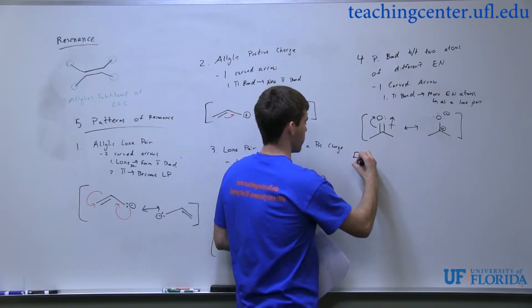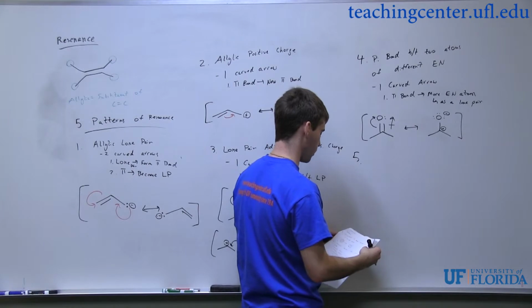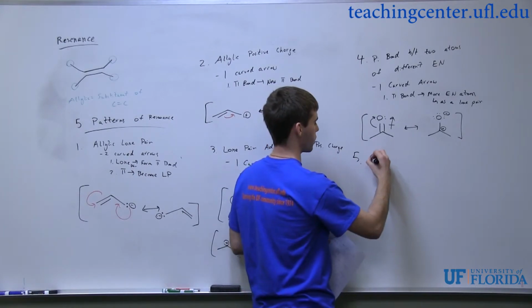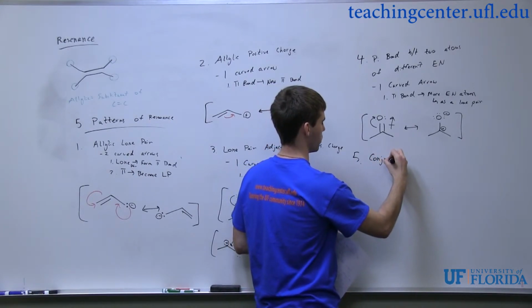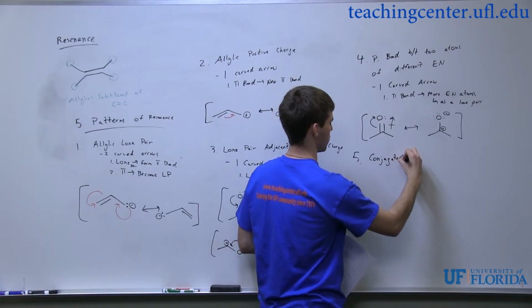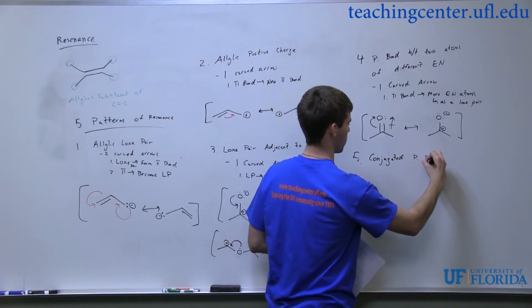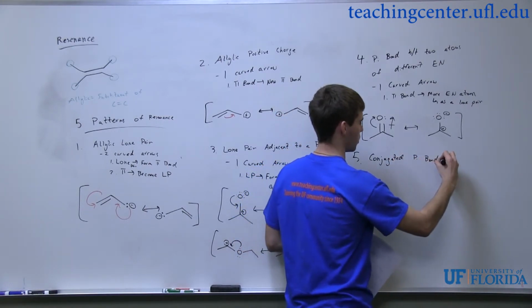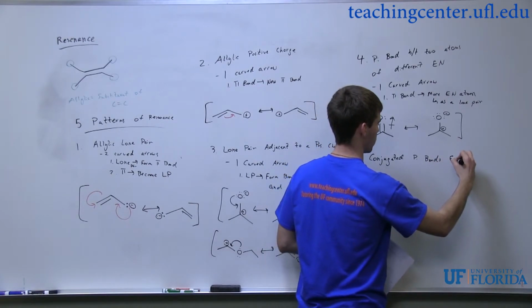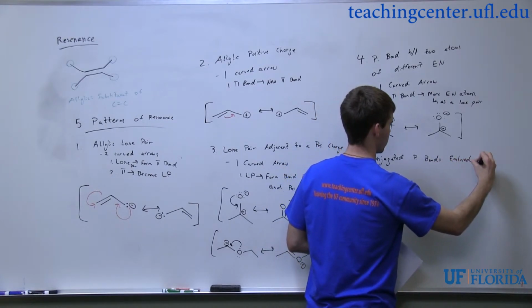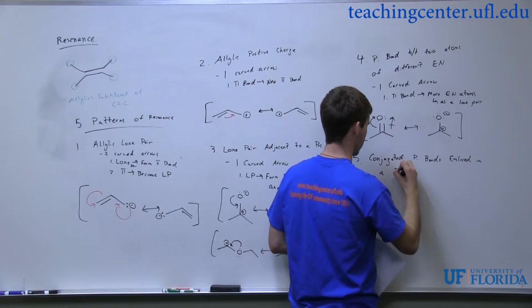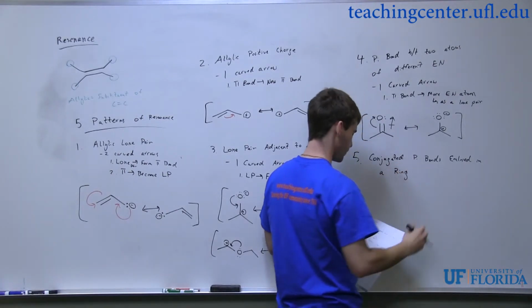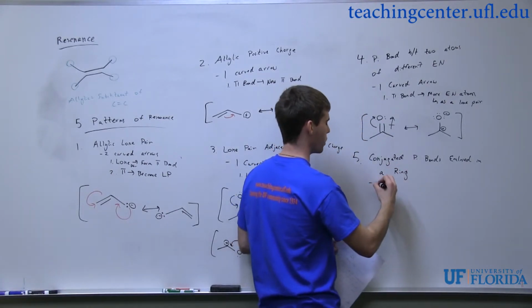And then finally, we have conjugated pi bonds enclosed in a ring. So this is just 3 curved arrows.